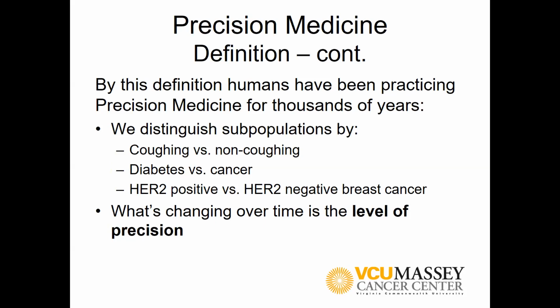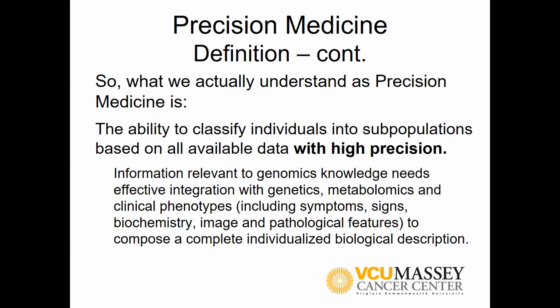And now, as I said, we're drilling down very specifically even inside diseases. For example, in breast cancer, if a patient has HER2 positive breast cancer or HER2 negative breast cancer. So basically what's changing over time in precision medicine is the level of precision in this classification.